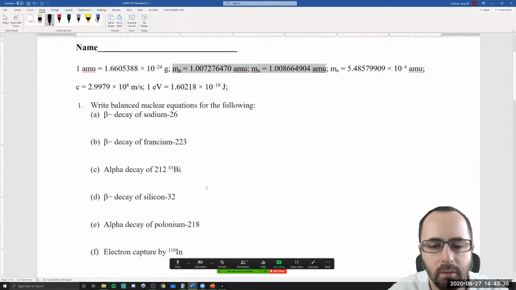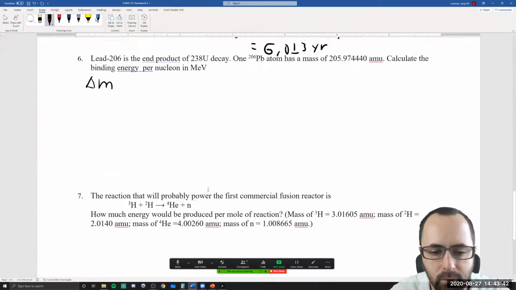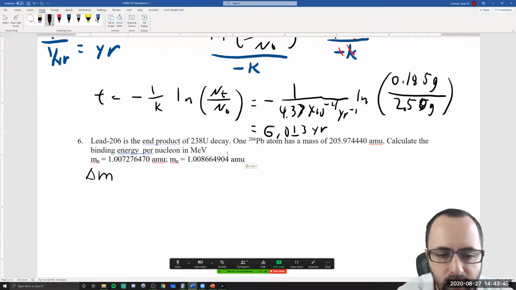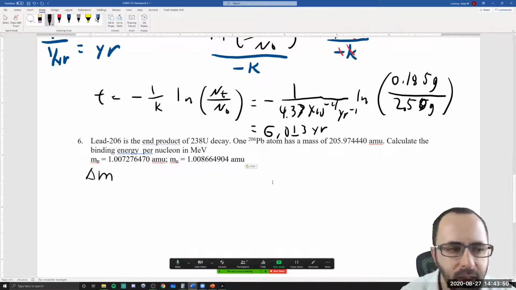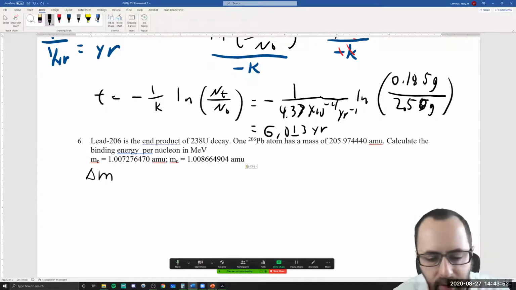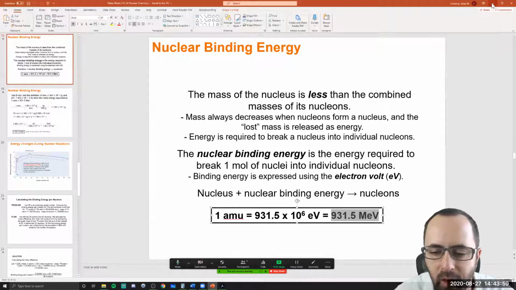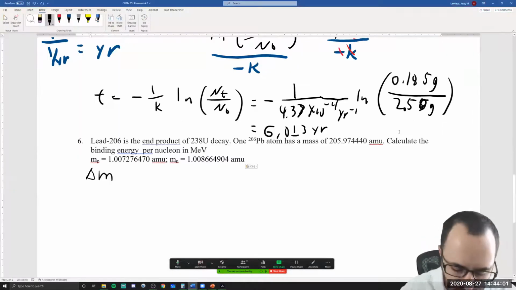Yeah, I totally forgot about this. I thought I was missing something. So here's the mass of the proton, the mass of the neutron. That's what you needed. And also useful as a shortcut is this: 1 AMU will translate to a binding energy of 931.5 mega electron volts.